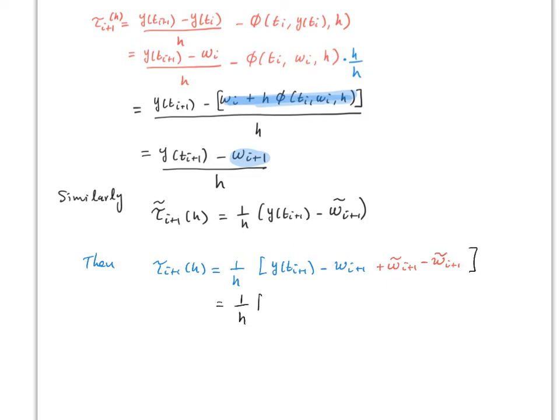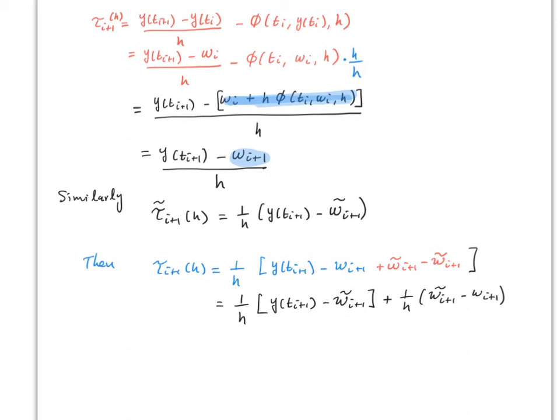This is 1 over h times y of t_{i+1} minus w̃_{i+1}, plus 1 over h times w̃_{i+1} minus w_{i+1}.